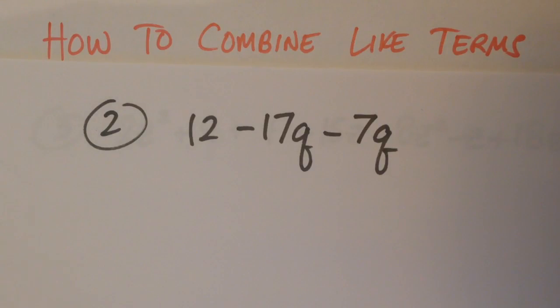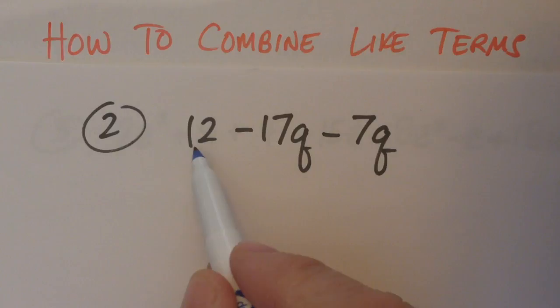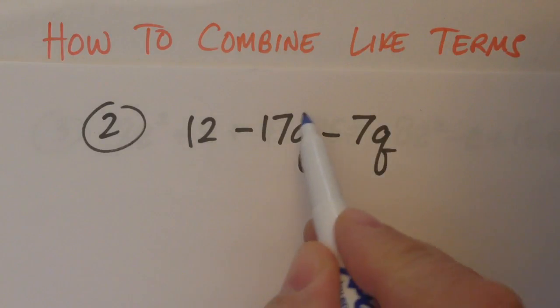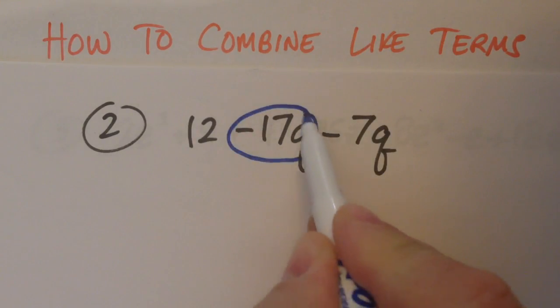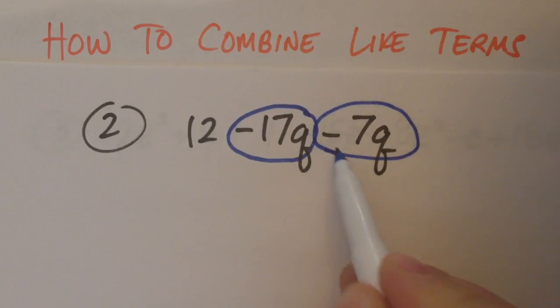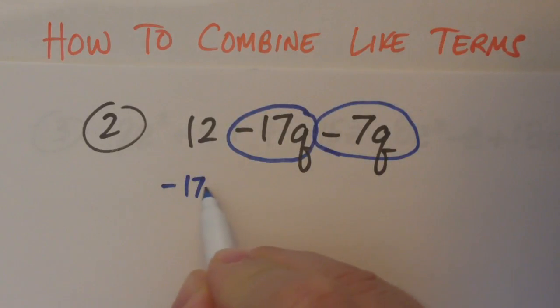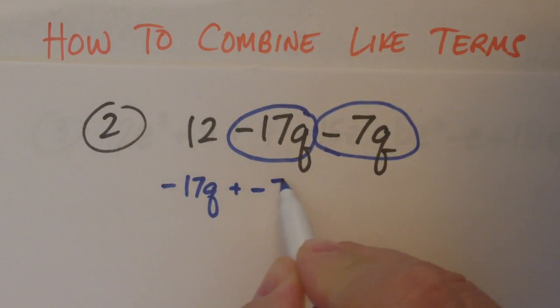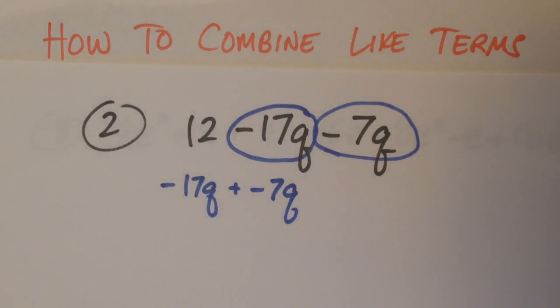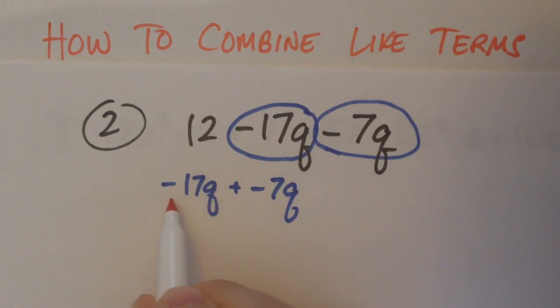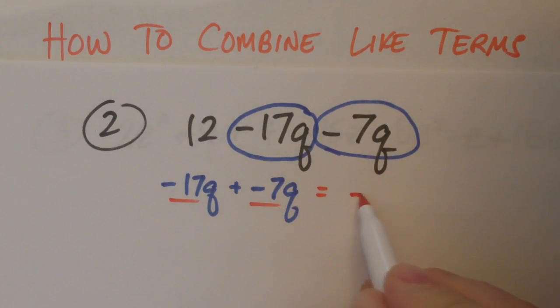Slightly more complicated. So we have a 12 by itself. We have negative 17q, and we have negative 7q. So we have to add negative 17q plus negative 7q. Looking at those coefficients of negative 17 and negative 7, that's going to equal negative 24q.